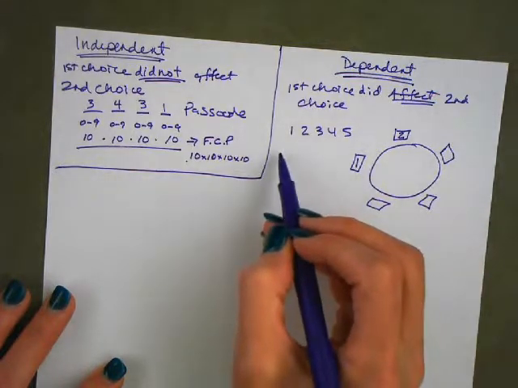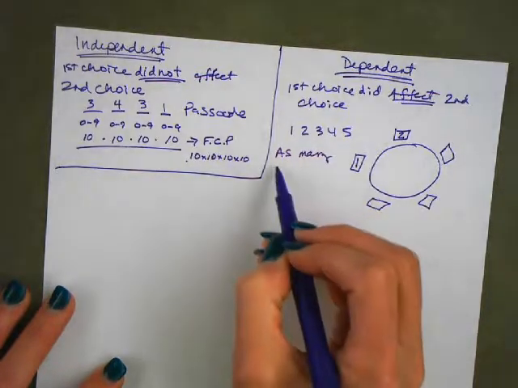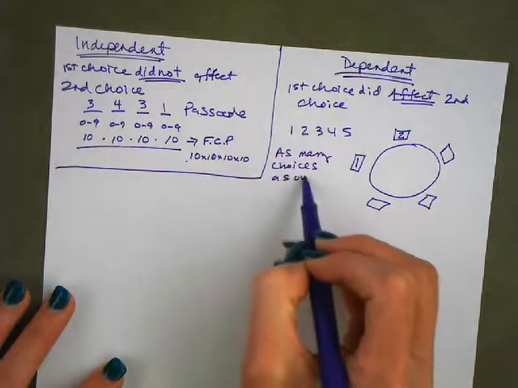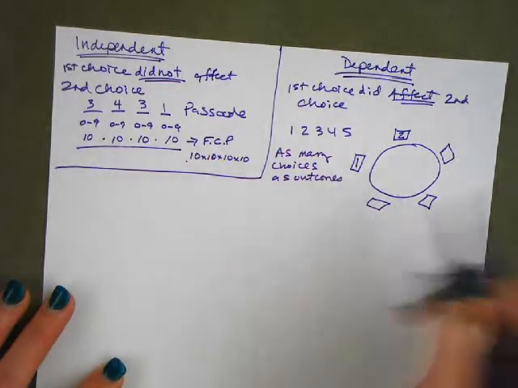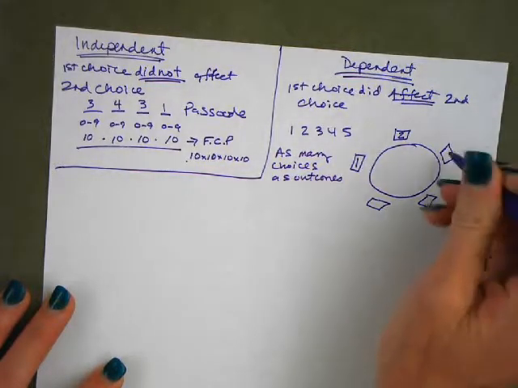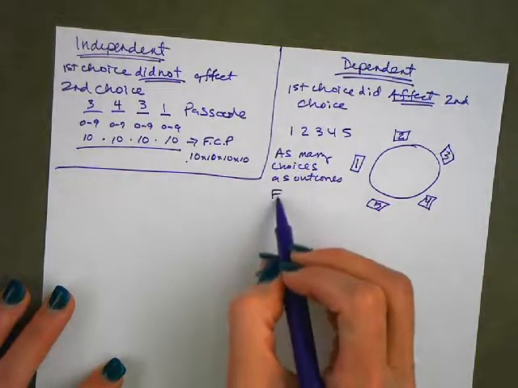So here I have as many choices as outcomes. I have 5 people, and I have 5 places around the table. And so what happened here is we call this a factorial.